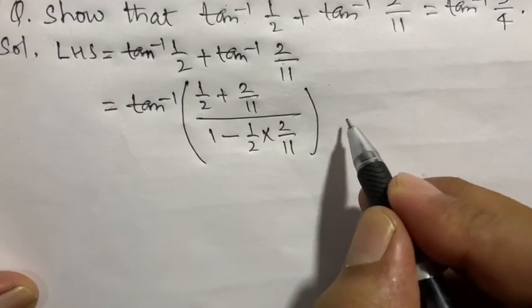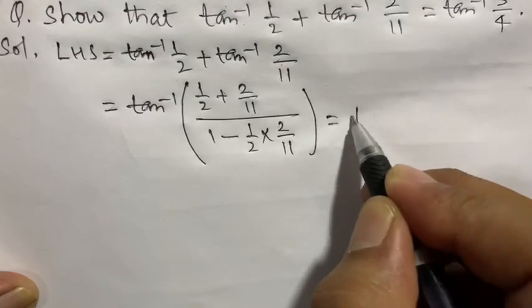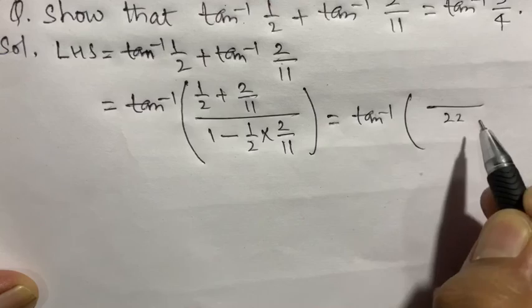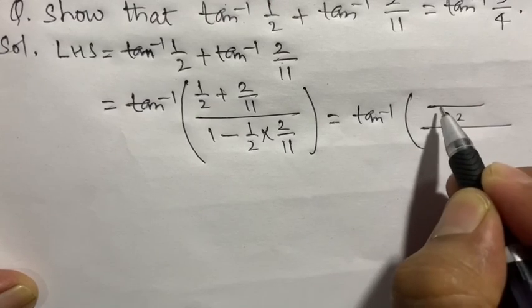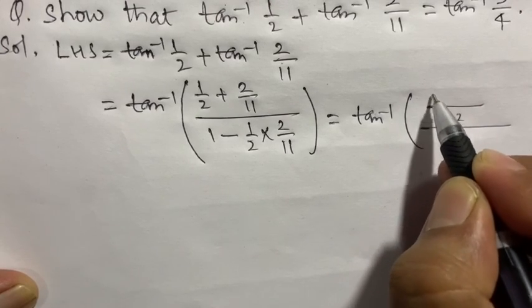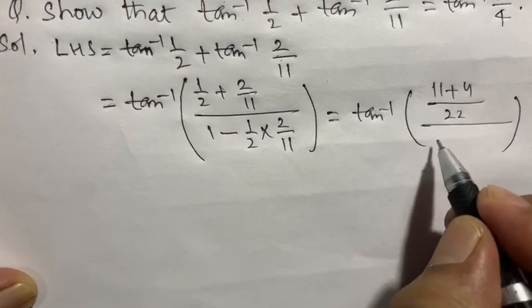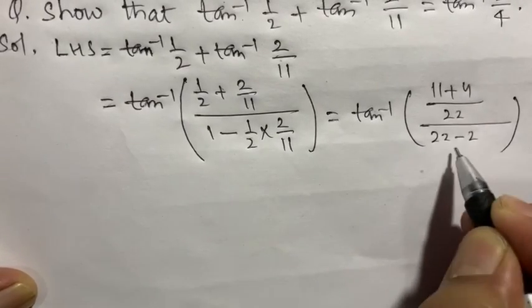Now we have the outcome of this as tan inverse of, 22 will be the LCM, so the numerator is 11 plus 4, and then we have 22 minus 2 over 22.